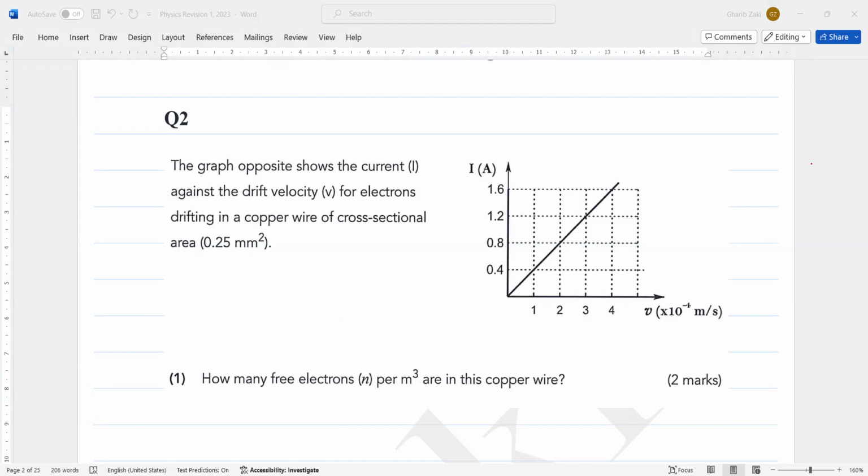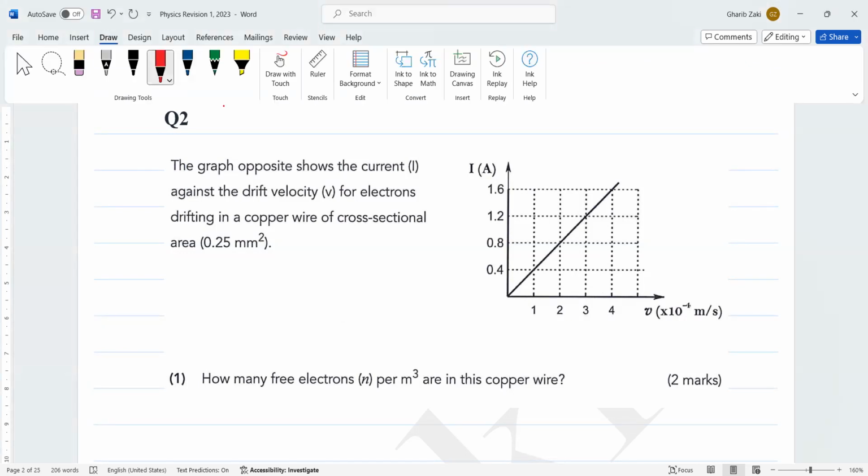First step, to get the drift velocity, we have to remember the formula. What is the rule of drift velocity?